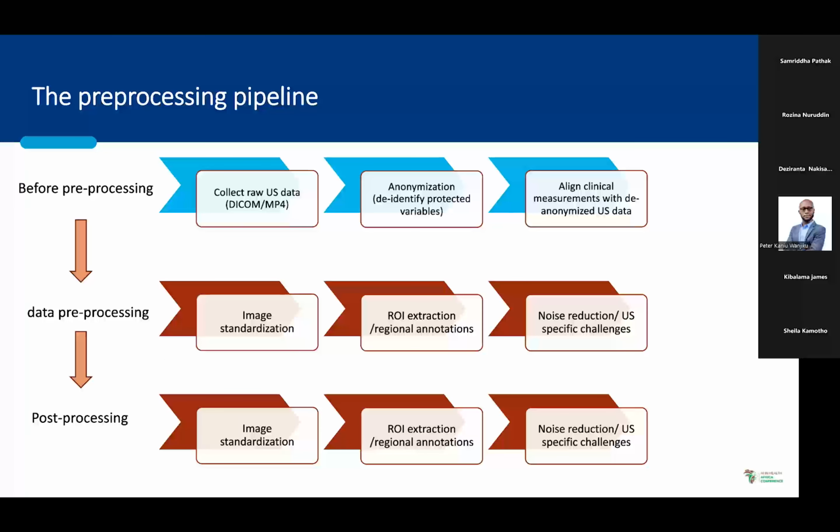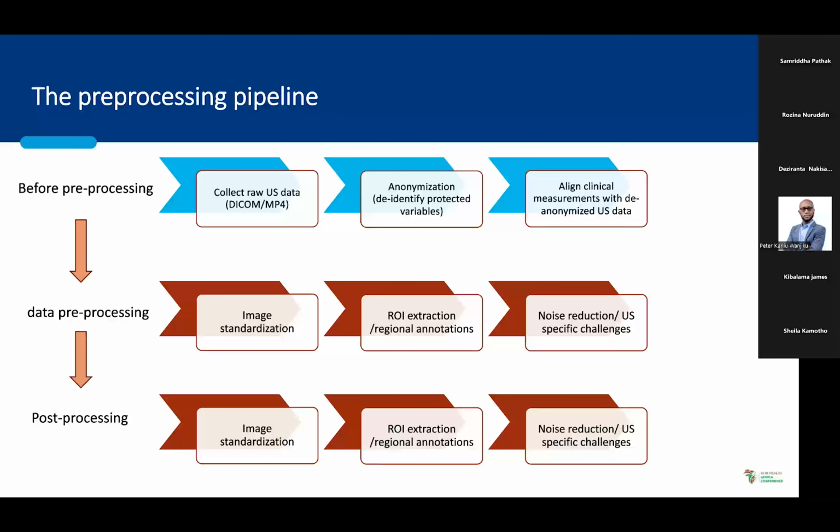The preprocessing pipeline for dealing with this data often starts with collecting the data and anonymizing it, because with DICOMs there is often patient information in the metadata, and sometimes patient-related information is directly engraved into the ultrasound images.